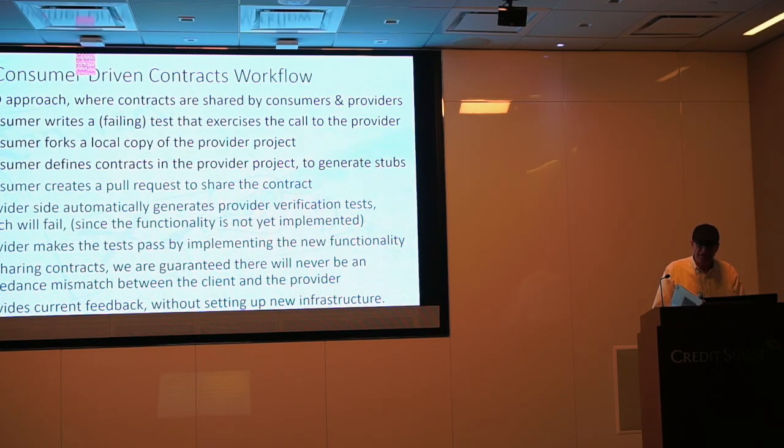It generates the stubs. It makes the consumer side test pass based on the new stubs, and then it creates a pull request to share the contracts with the provider. It's coordinated, so you have to be talking to the provider and saying, okay, we're going to coordinate this.